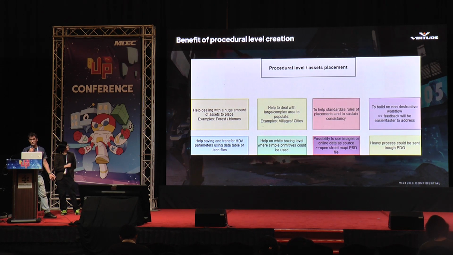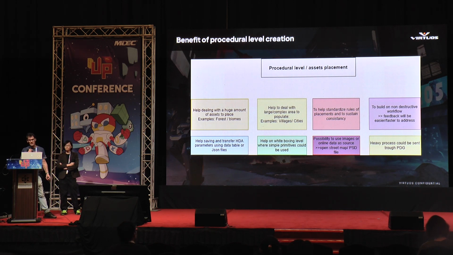And when it comes to level tools, here also the benefits are interesting. Those tools usually take more time to be developed, but they could save a lot of time down the line and avoid manual placement. Everything is driven by the inner rules we establish in the tool. So we end up with a non-destructive workflow where we could simply iterate on those rules and regenerate an entire level on the fly.